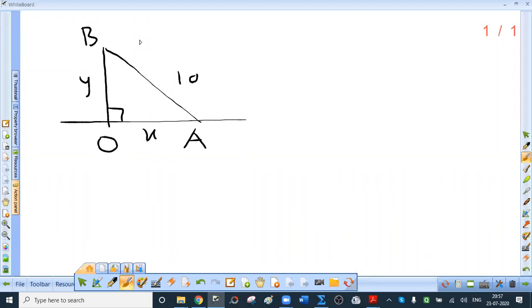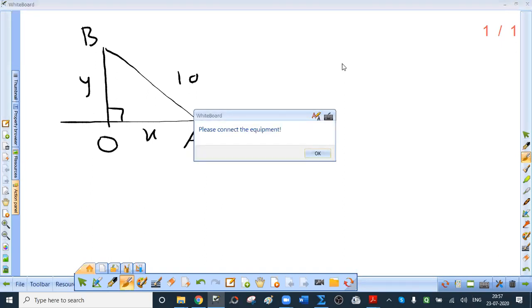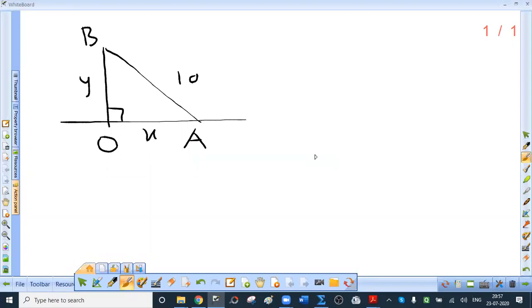Let AB be the ladder (10 meter). Let at time t, the end A of the ladder be x meter from the wall, and end B be y meter from the ground.